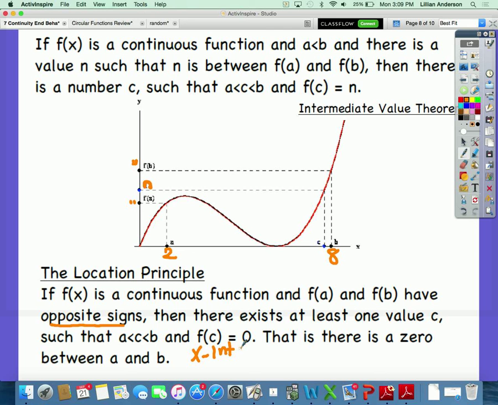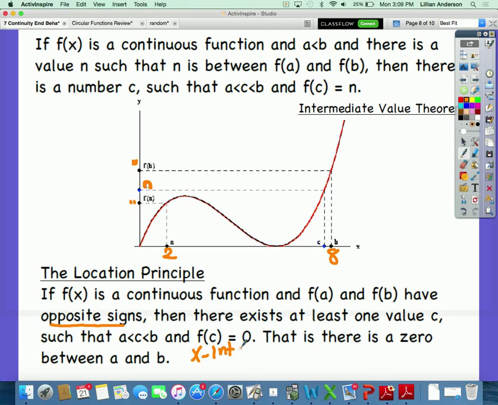So if you have a function that is continuous, they give you an interval, and from f of a and f of b, if they change signs, that means there is a zero that exists between those two x values. That is what the intermediate value theorem tells you, as garden variety as I can give you.